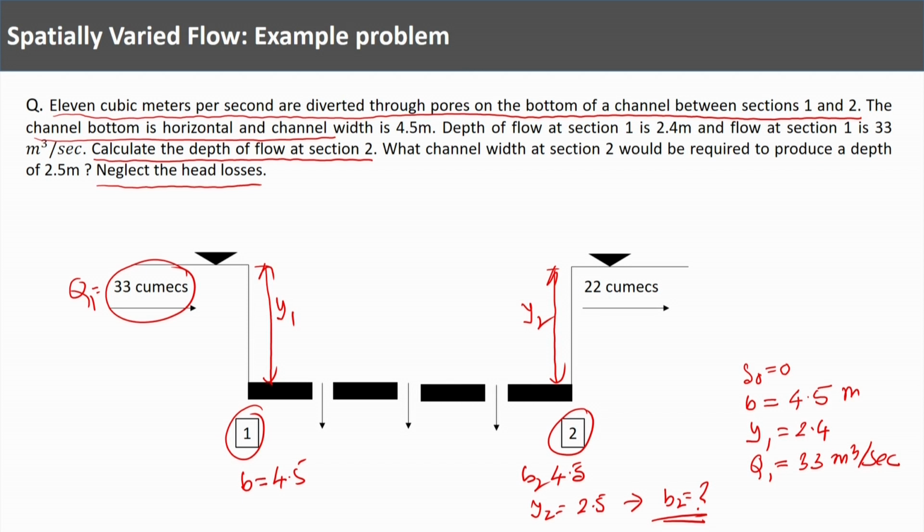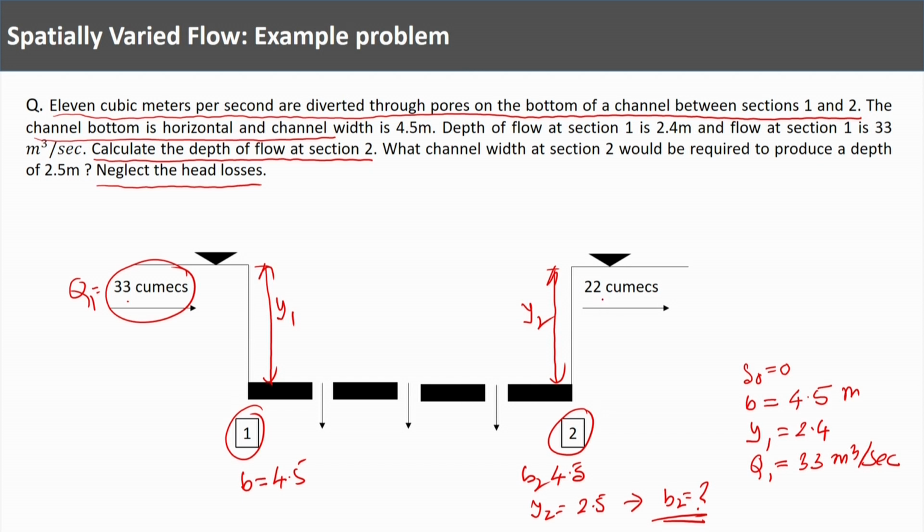Now in this case, this is a spatially varied flow problem with decreasing discharge. That means the discharge is decreasing between section 1 and section 2. If the discharge at section 1 is 33, then 11 cubic meter has been diverted between section 1 and section 2.